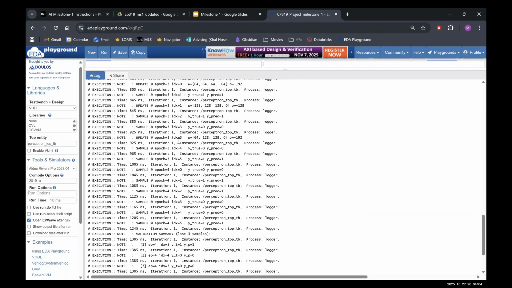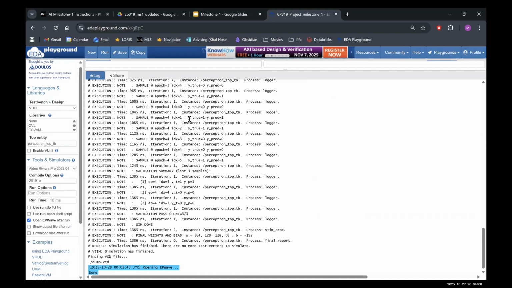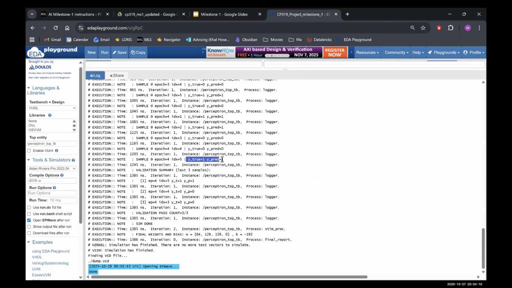And as we get to epoch 3, this is the last update. It does epoch 4, finds out that everything's matching, and that's where the training stops, and then we begin validation.